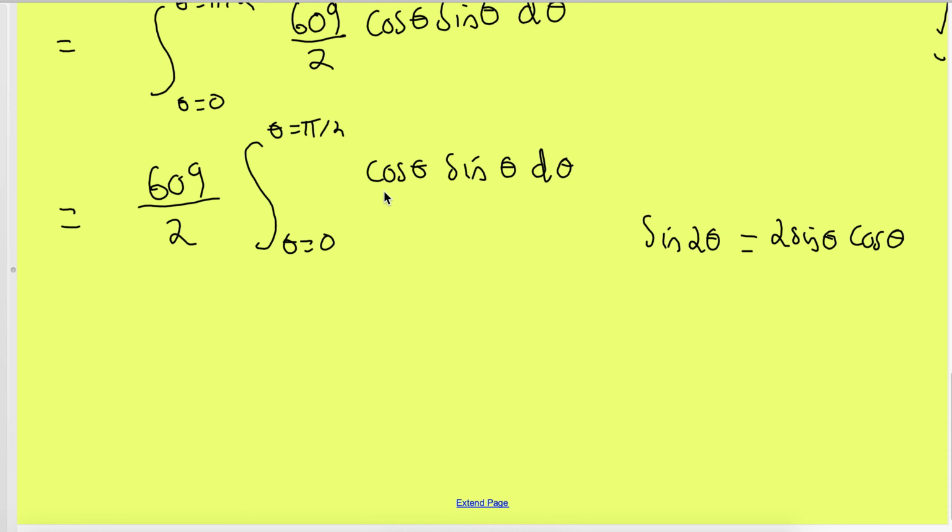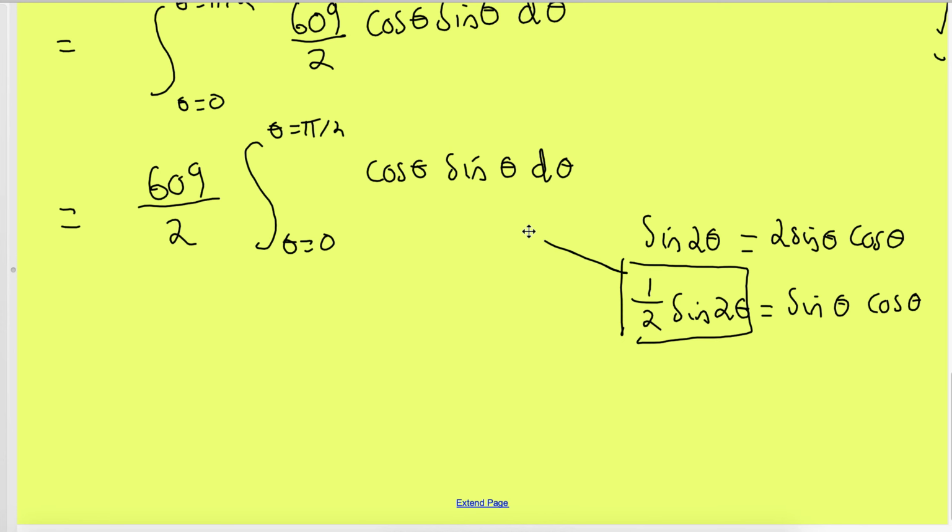Right, I've got cos theta sine theta, that's the same thing, but there's this 2 that's in the way. So that means I need to take a half. So a half sine 2 theta is going to be sine theta cos theta. So I'm going to substitute this thing here in place of that there, because this is my trig identity bit.